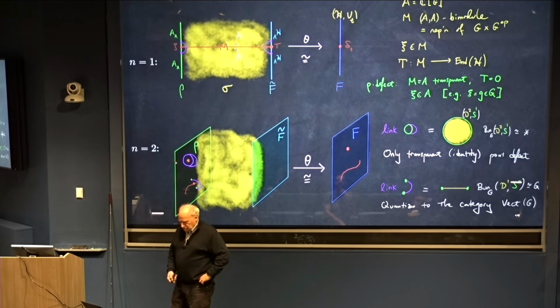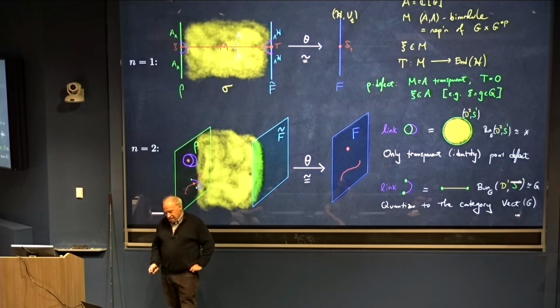So again, you compute the link. So for example, the link of this codimension 1 defect is again 2 points. Sorry, it's not 2 points. On the boundary, it's 2 points. It's the zero sphere. But taking into account the interior, it's the 1 disk. And so to know what the defects are supported there, we have to compute the value of the theory here.